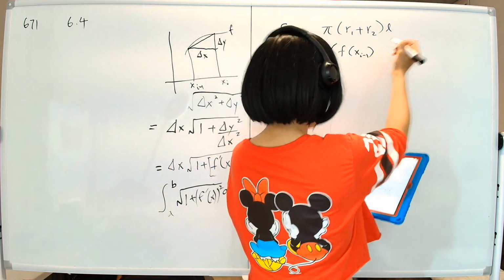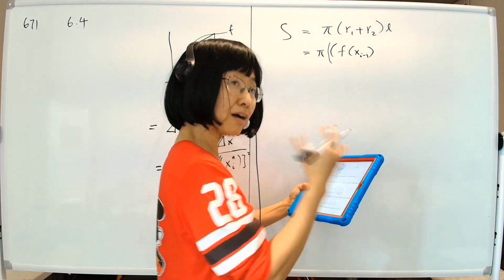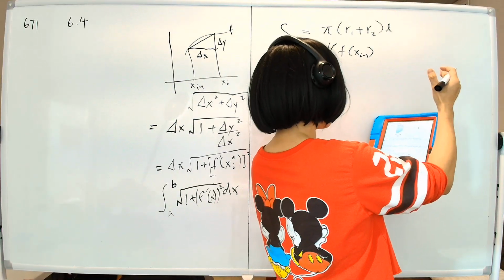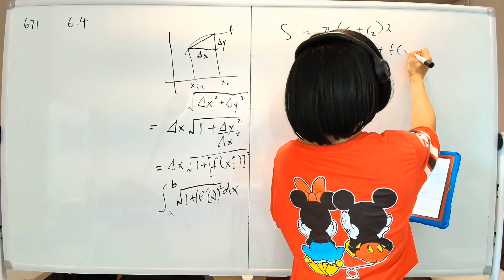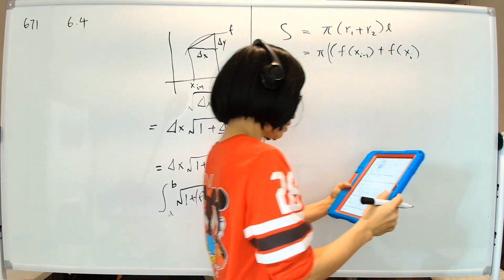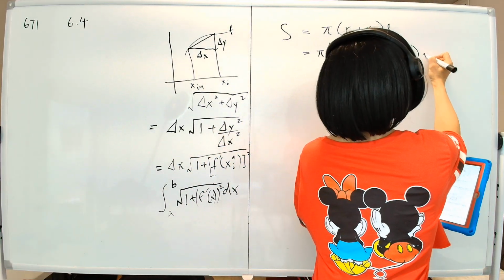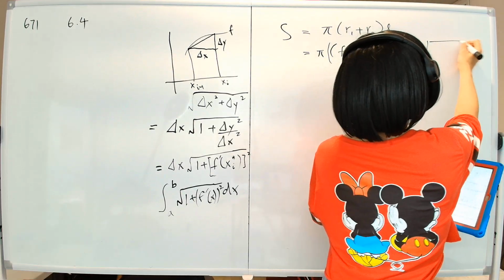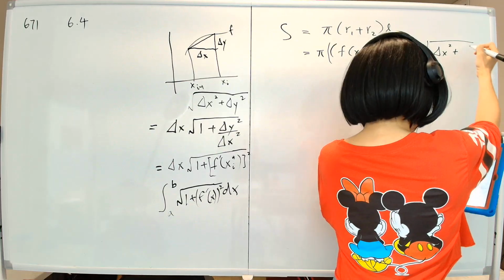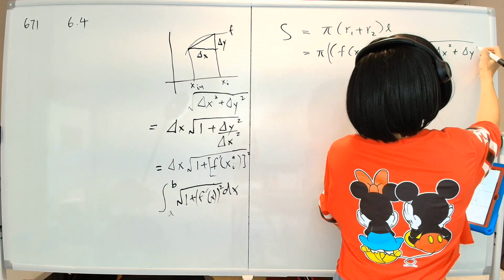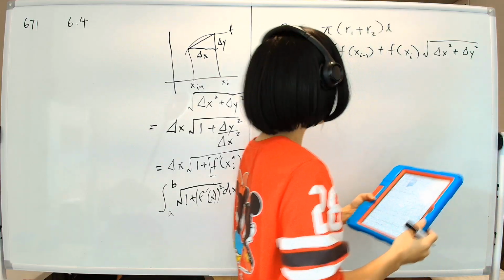Then plus pi r squared, no, what is this, it's just r1 plus r2, there's nothing squared about it. Plus f of the second one, r2, which is f of xi, and then times the square root, the slanted length L, which is delta x squared plus delta y squared, of this thing that takes the square root, and that's about it.